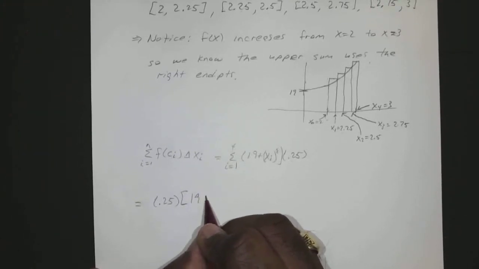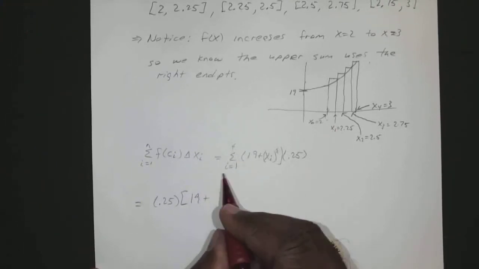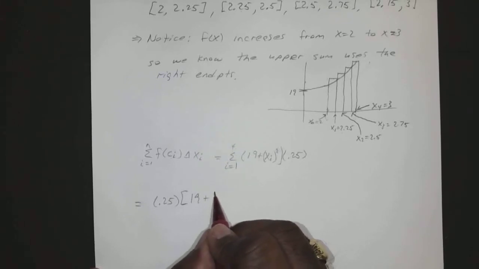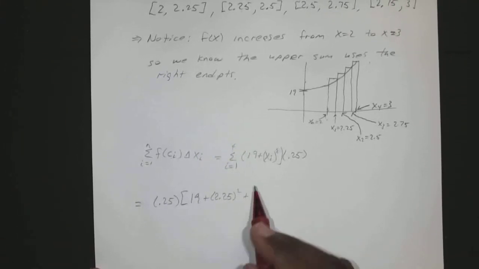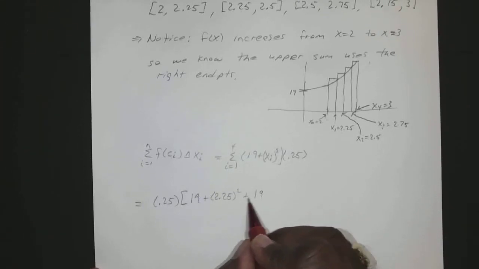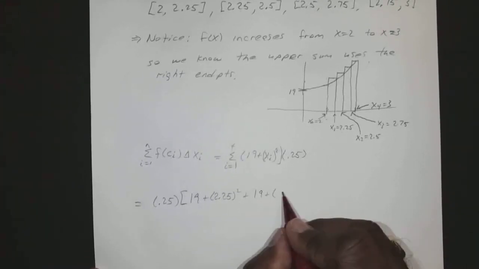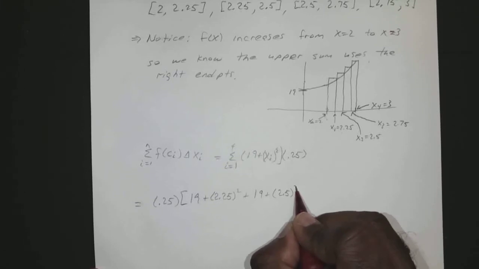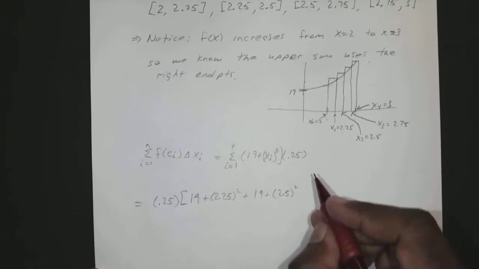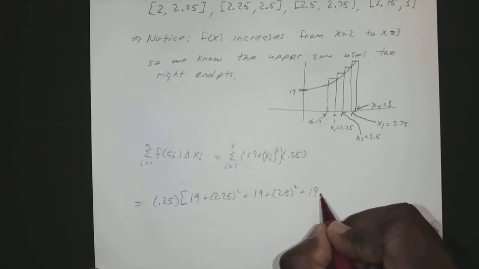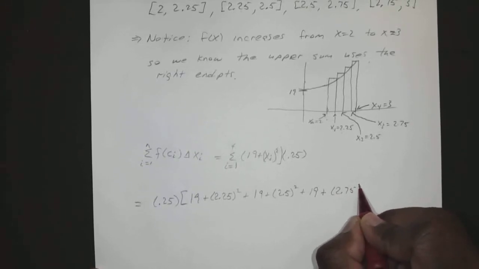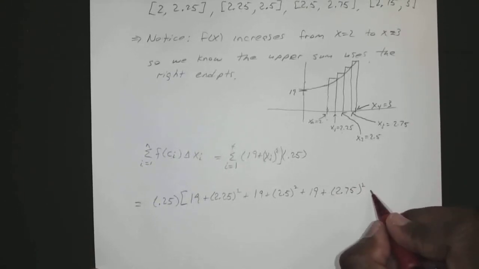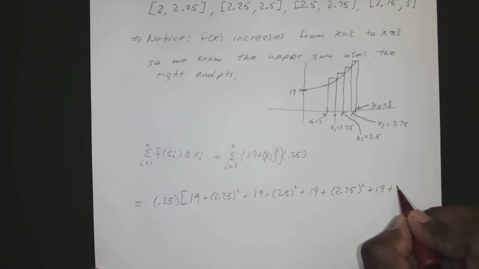So you have 19 plus 2.25 squared, plus 19 plus 2.5 squared, plus 19 plus 2.75 squared, plus 19 plus 3 squared.